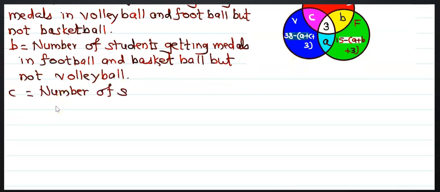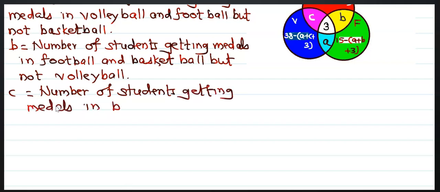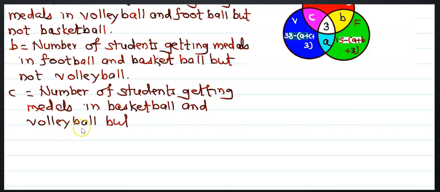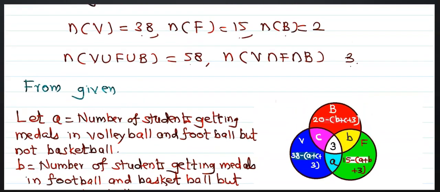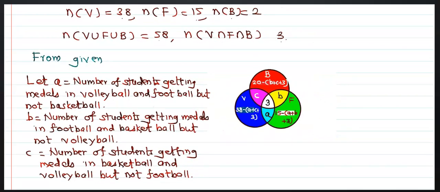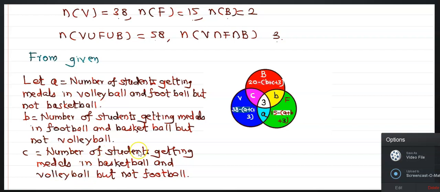C is the number of students getting the medals in basketball and volleyball, but not in football. In this way, we have defined A, B, C.